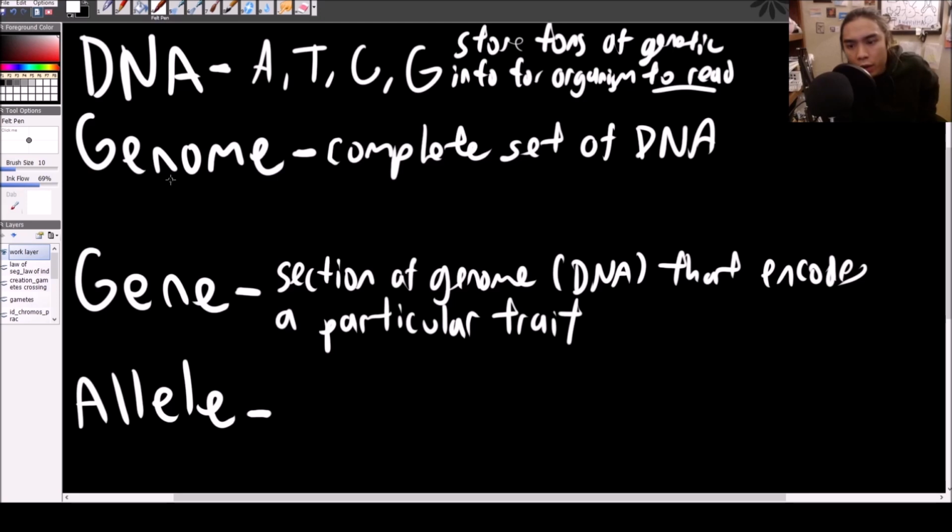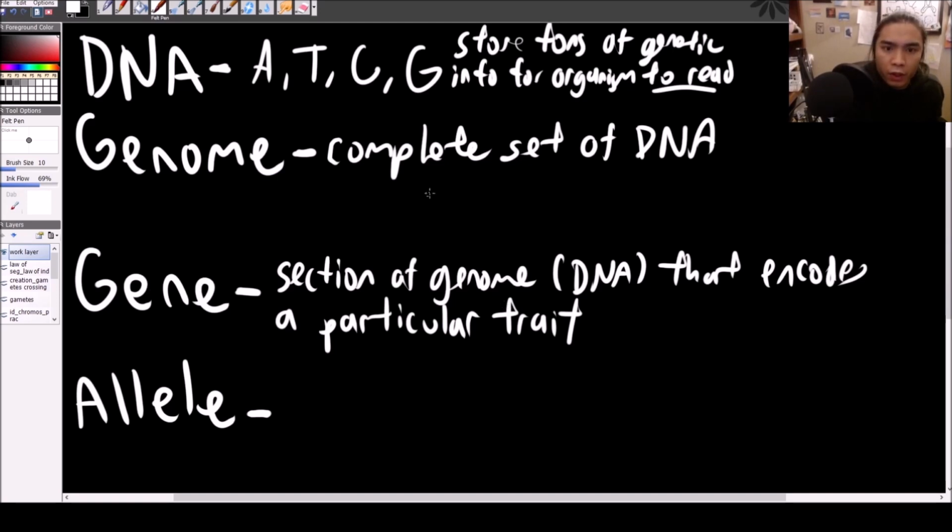So not all of the genome is particularly useful. In fact, for most organisms, a lot of the genome, the DNA, does not really produce anything. But there are some sections of the genome that can be read to produce a protein, or to ultimately produce a protein. So let's say we're looking at a gene, right?